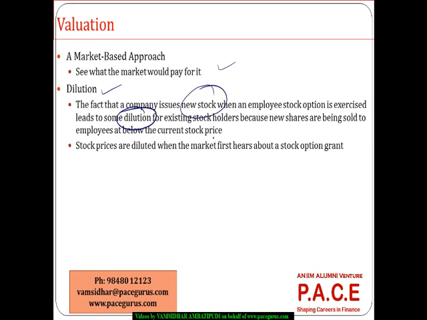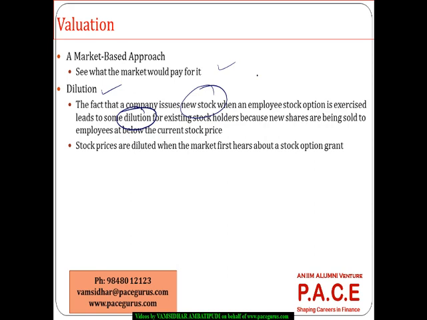So all I want to see is, when I make an announcement, and we have also talked about that it is not on the day the option is given that the share price decreases. On the day I make an announcement of giving options to my employees, that is the day on which the stock price starts falling.